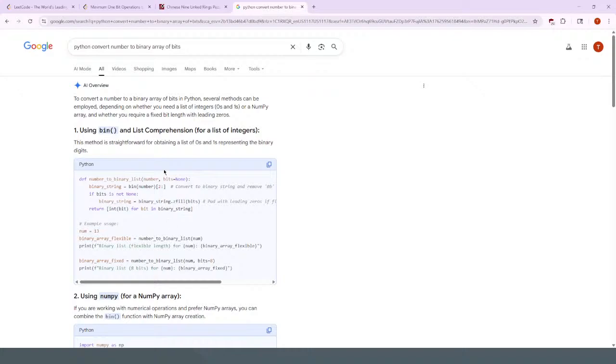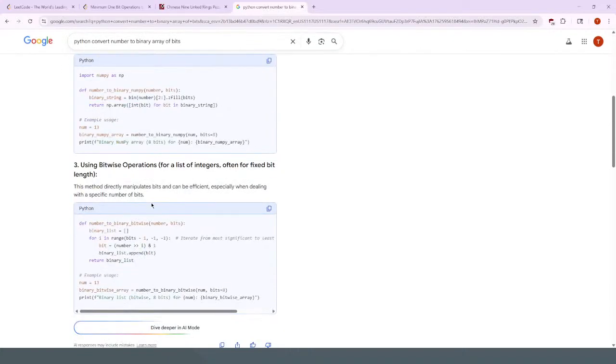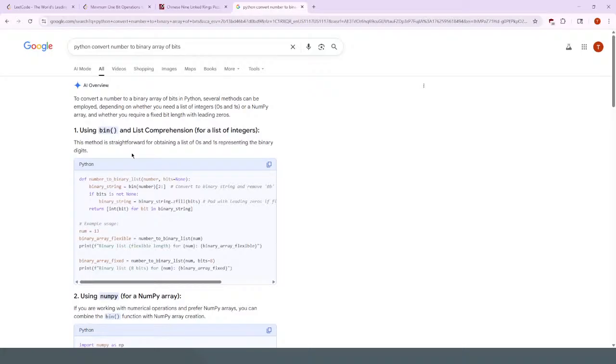Bin, numpy, bin. Interesting. Bin string number convert.